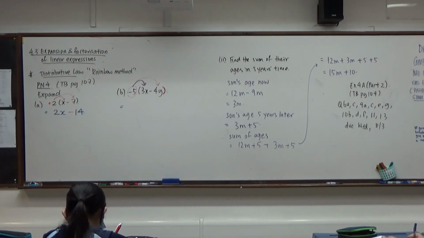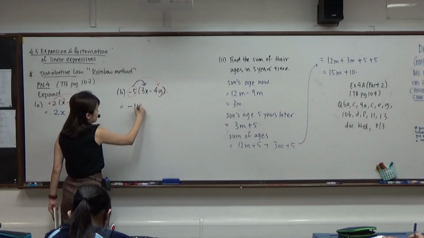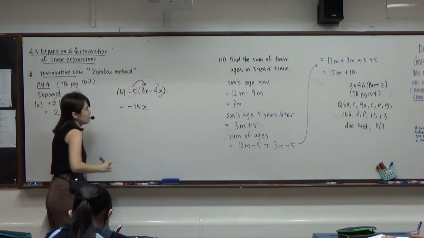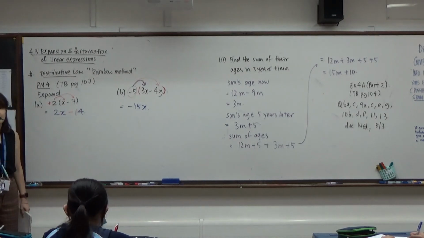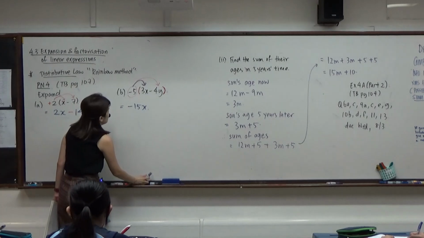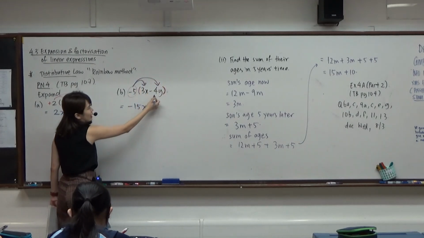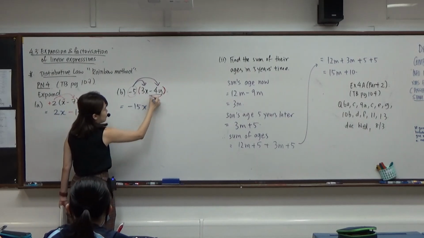Negative 15x, okay? Negative 5 times 3 gives us negative 15, and then we must also remember the x is the 1. So we get negative 15x. Then we have our negative 5 multiplying with minus 4y. Take note that it is minus 4y.